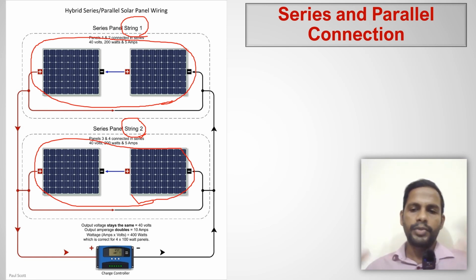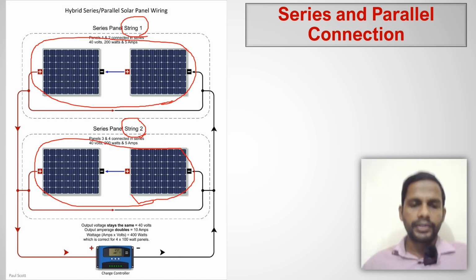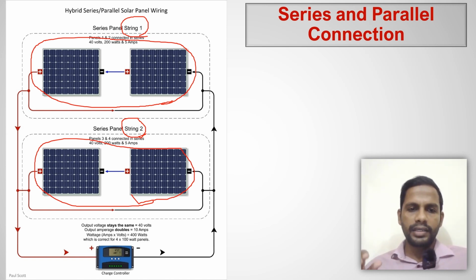I will explain the charge controller in other videos. So this is the idea. A string means modules that are already series connected. This is very important, because when you read articles or websites, they always talk about solar PV string 1, string 2, string 3, and these kinds of things. So you have to know it.